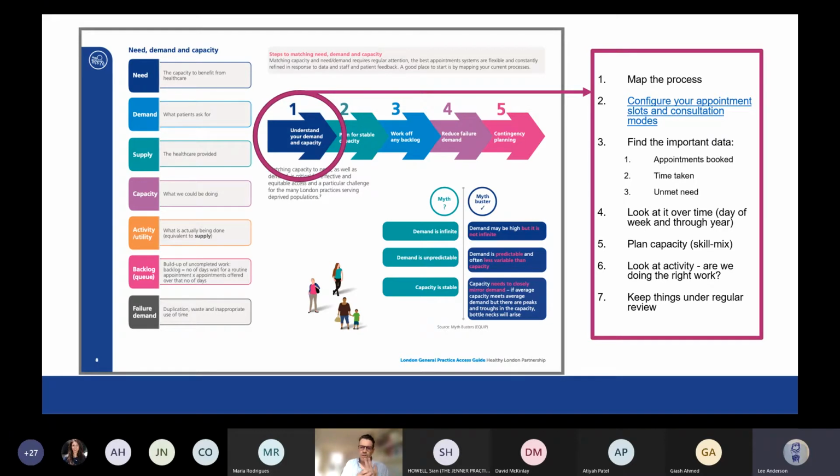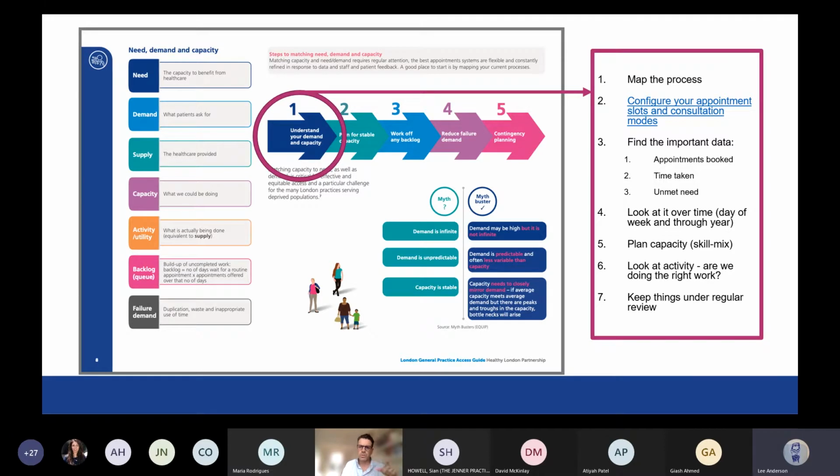And then you also want to capture some measure of unmet need. If you want to really know what's going on in your system, you need to know about the work you're doing, but also about the people that you're turning away. These are the people who are contacting you for an appointment or for something they need, and they're being asked to call back later, come back the next day or go somewhere else. So those are the three really critical bits of data you need to start making good decisions.